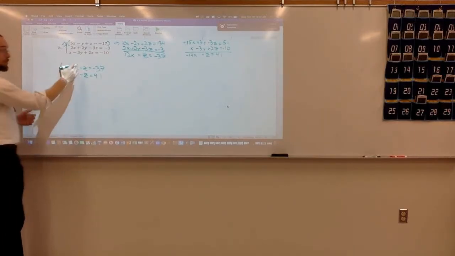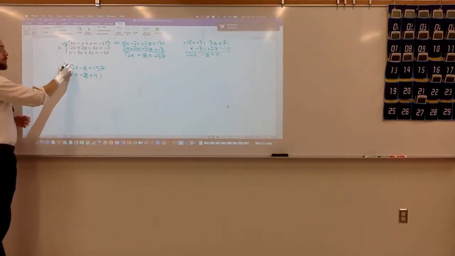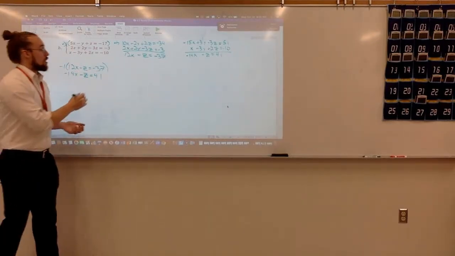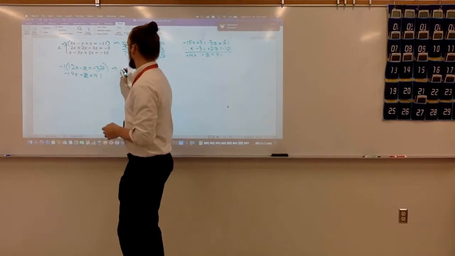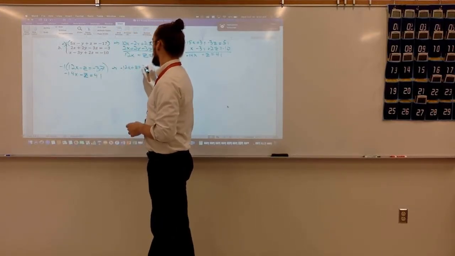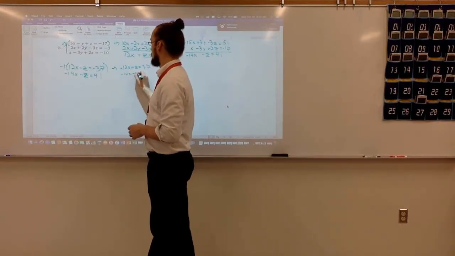So I would just need to multiply one of the equations by -1. So I'll do the first equation. I'll multiply this whole thing by -1. So that would become -12x plus z equals 37. We'll leave the second equation alone.